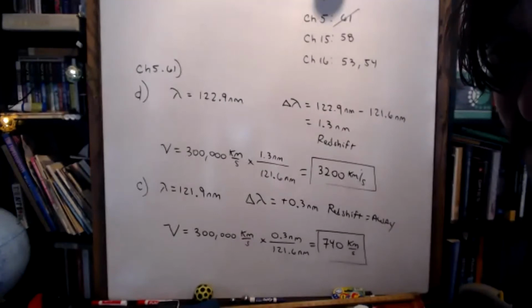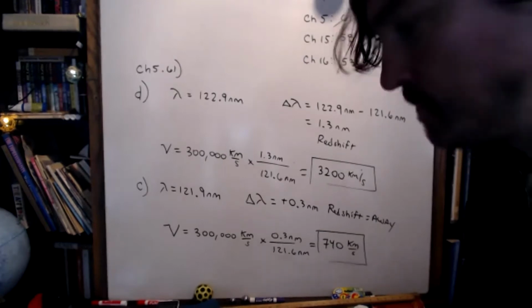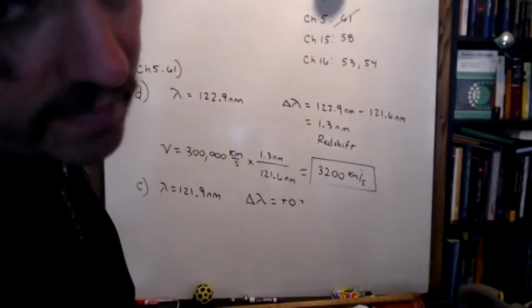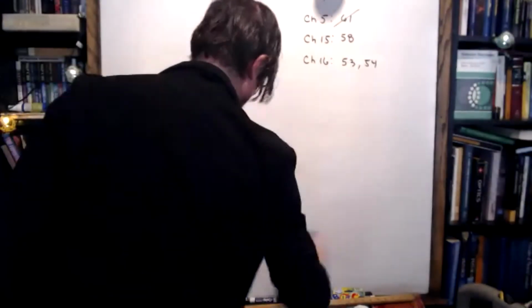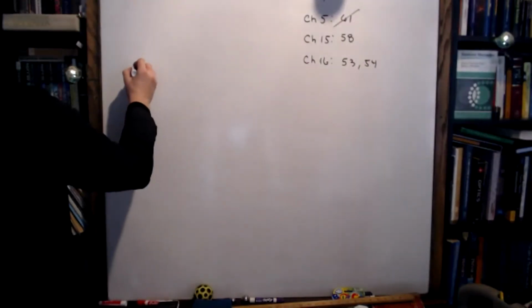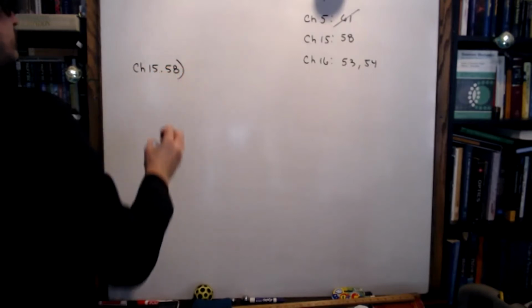So you guys are pretty fast today. Can I erase all this? Emily, you cool? All right. I'm erasing. Hey, Emily, are you down to read chapter 15, number 58? Sure. One second. Where do I find chapter 15?